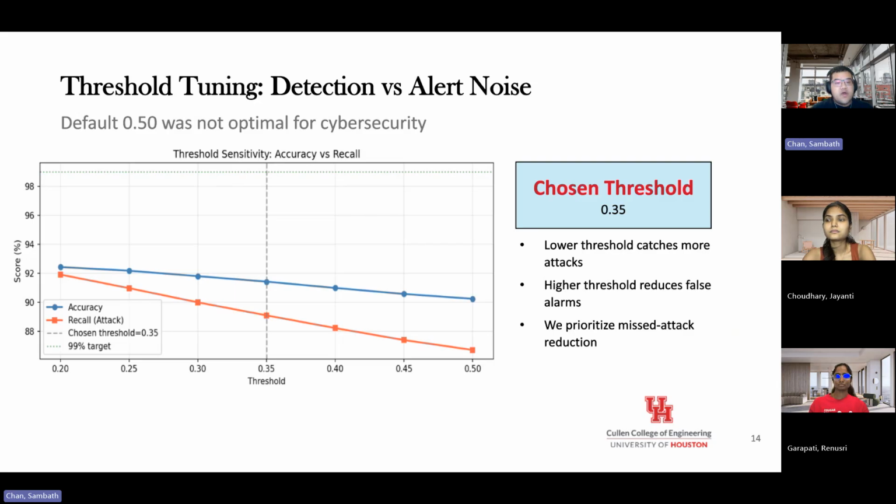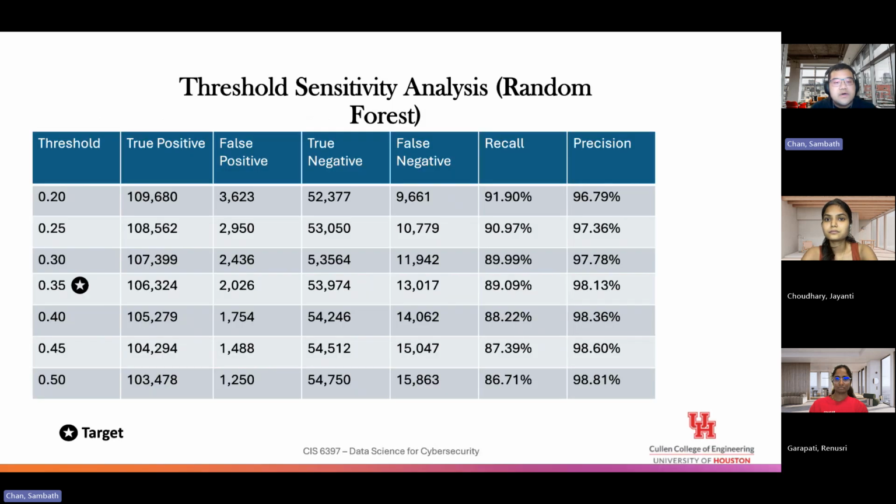This greatly improves recall, meaning fewer attacks are missed. However, the trade-off is that false positives may increase. In our scenario, we prioritize reducing missed attacks because false negatives are more dangerous in cybersecurity. Let's move on to the threshold sensitivity analysis.